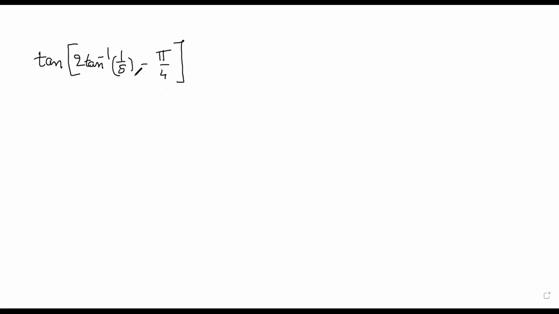We just solved that 2 tan inverse 1 by 5 is nothing but tan inverse 5 by 12, so I'm not doing it again. So minus pi by 4. We can write like this.